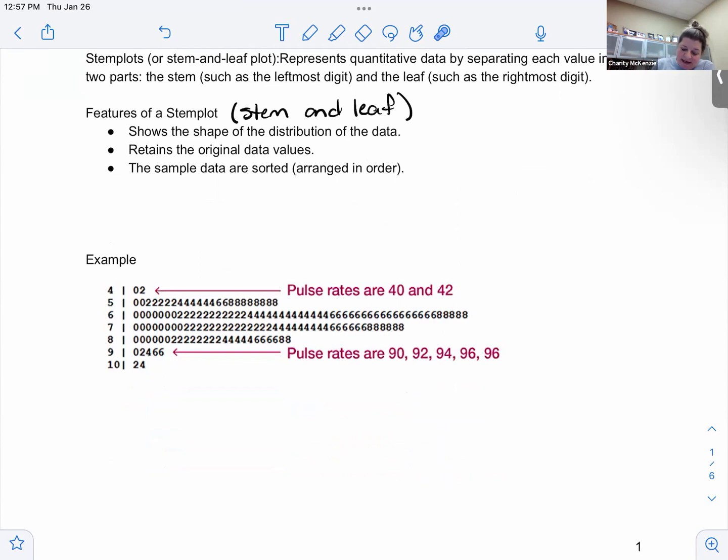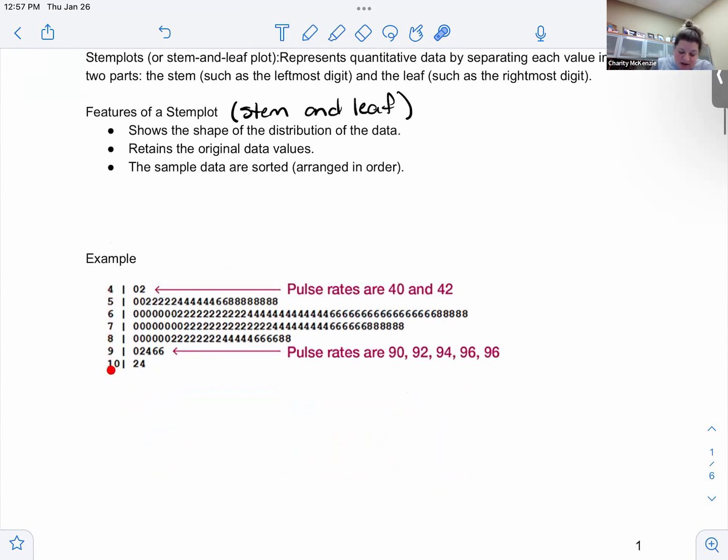So what we do is we have a stem. The stems on this one are 40s, 50s, 60s, 70s, 80s, 90s, and the 100s. If you had 110, 120, 130, it would be the 110s, the 120s, 130s. So you can put together the 4 and this 0 to make 40.